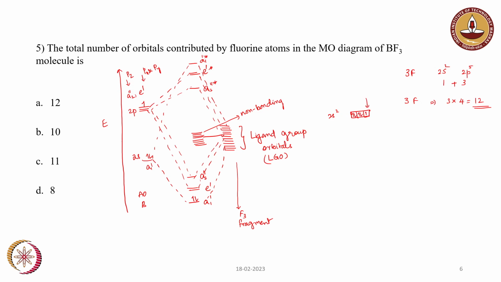There is one unpaired electron in fluorine. There are 3 fluorine atoms, so each of them contributes 1 electron. So there will be 3 electrons from fluorine and 3 electrons from boron. So a total of 6 electrons will be filled here.